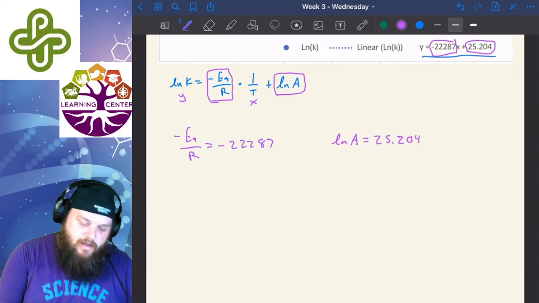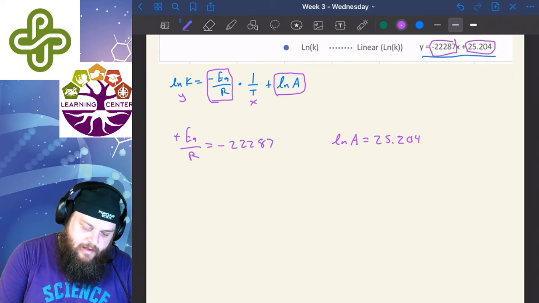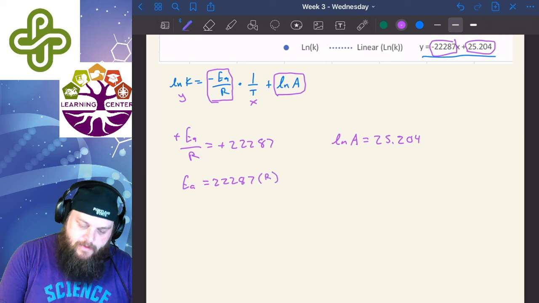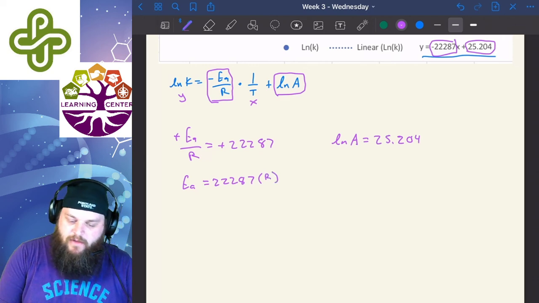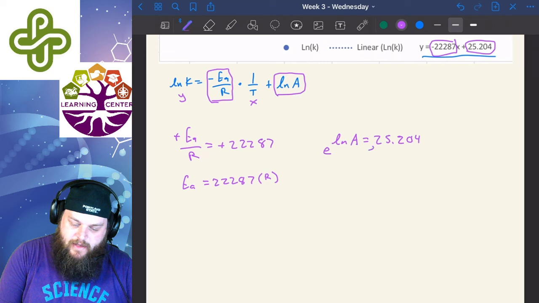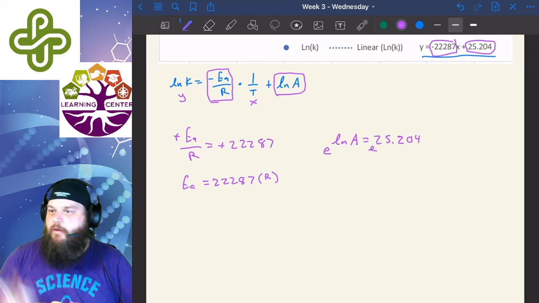Remember, R is a constant, and the negatives basically cancel each other out. So EA is equal to 22287 times R. And for the natural log of A, I can just take each of these to the e to the power of that.